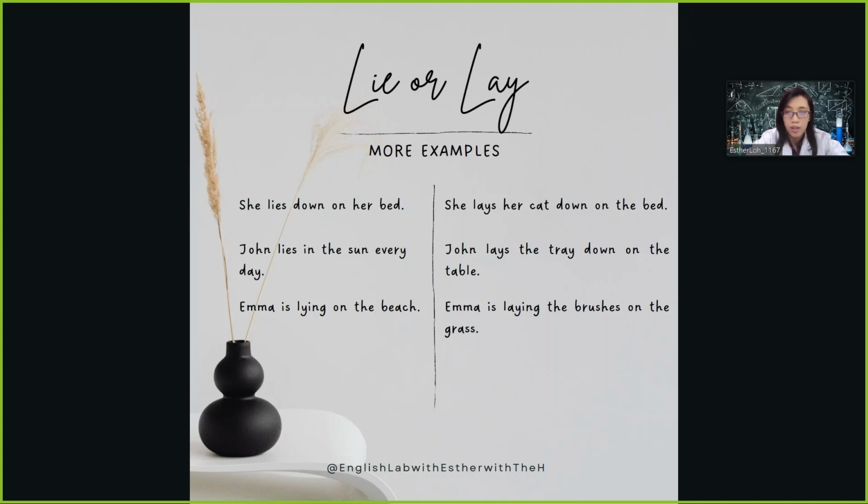But if you look at this, lay her cat, lays the tray, lay the brushes, these are the things which you can take. So very, very important, these two: the word lie, without any object needed; lay, you need the object.